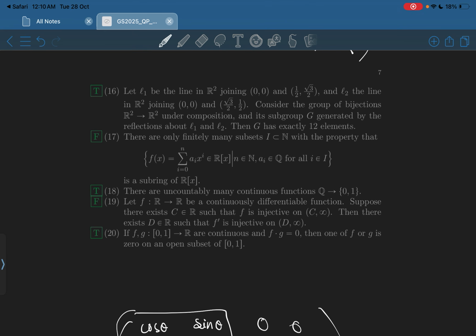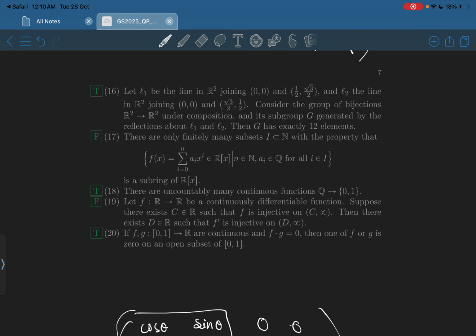So in problem number 17, you have to check multiplication. For some index i, P has some coefficient ai, Q has some coefficient bi, whatever it may be, but suppose x to the power i has a rational coefficient in P and x to the power i has a rational coefficient in Q. Then what about P dot Q? Does it imply x to the power i has a rational coefficient?